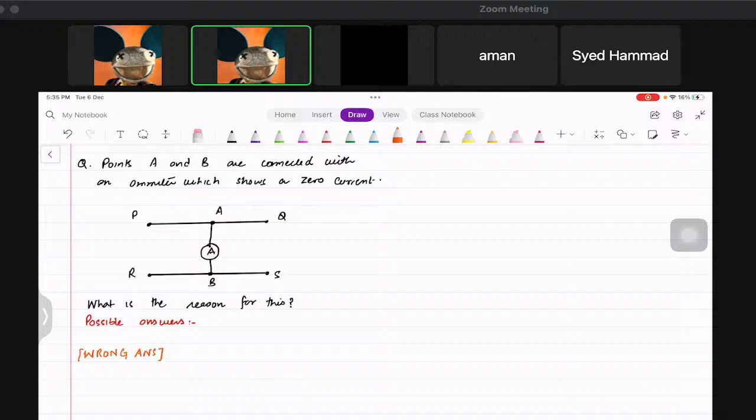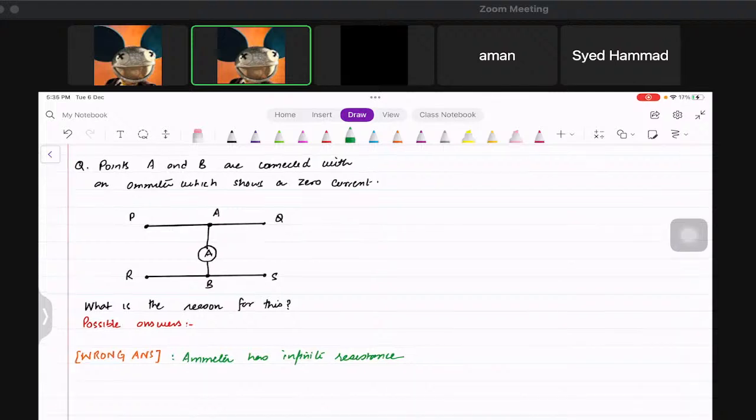They say it could be because the ammeter has infinite resistance. Now, why is this a wrong answer? Because in reality, there cannot be infinite resistance. Also, an ammeter has very low resistance. So this is a wrong answer. Never write this.